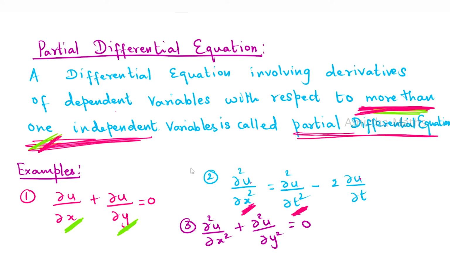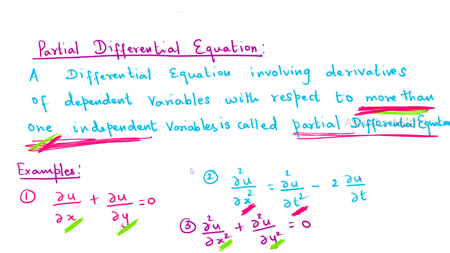Now we look at the third example. Dou square u by dou x square plus dou square u by dou y square is equal to 0. How many independent variables are there? Here x and y are the independent variables. If you have more than one independent variable, then we call it a partial differential equation. Here in the third example, u is the dependent variable. Whatever is written in the numerator is a dependent variable.